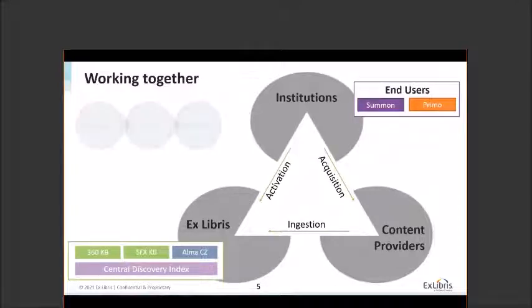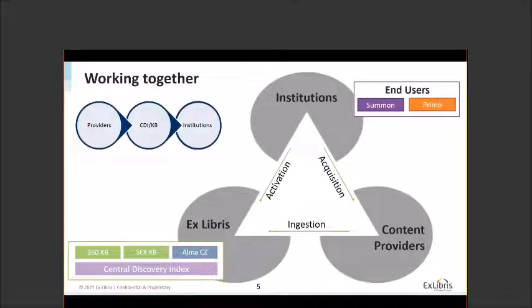And when we talk about the content flow here, we need to remember that Exlibris is not cataloging the records. Of course, we're responsible for them, and we're doing a lot of corrections and are responsible for the quality.